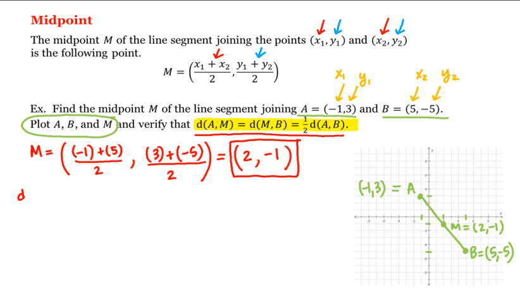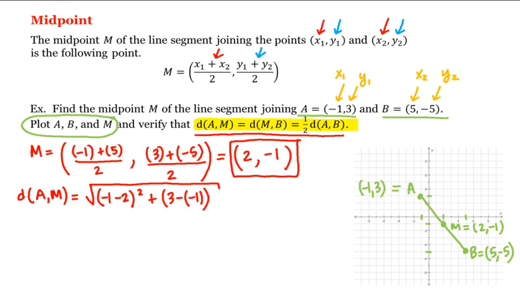All right, so what is the distance between A and M? By the distance formula, this is equal to the square root of the difference in the x-coordinates squared, so -1 minus 2 quantity squared, plus the difference in the y-coordinates squared, or 3 minus -1 squared.